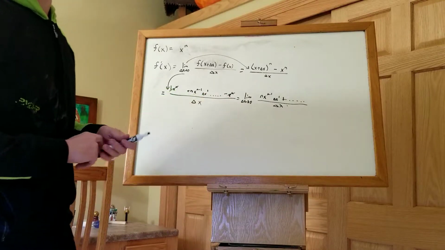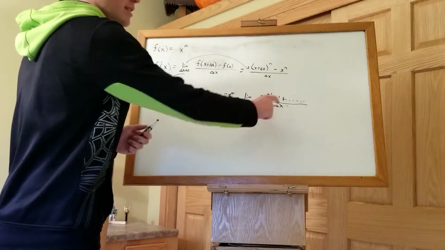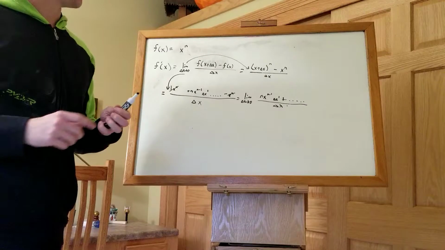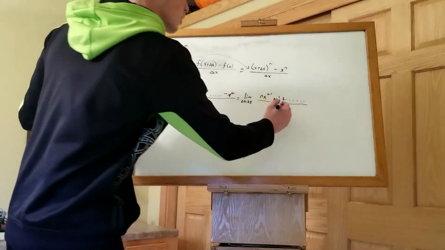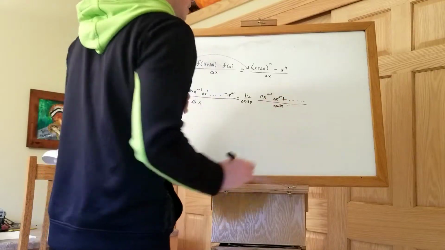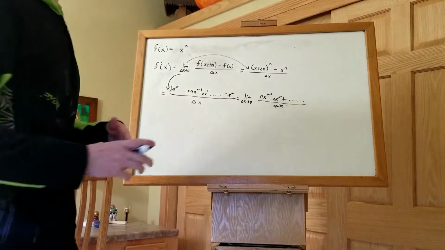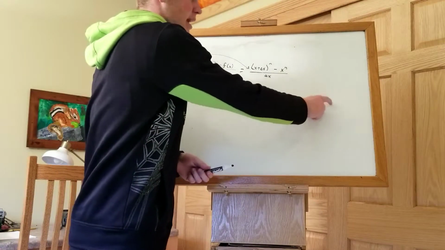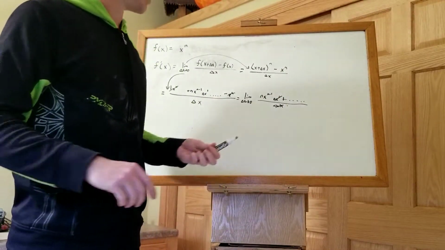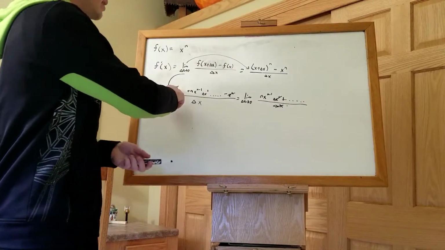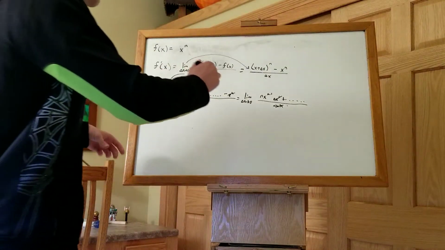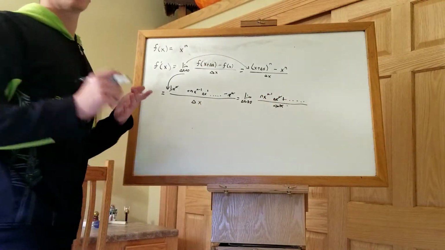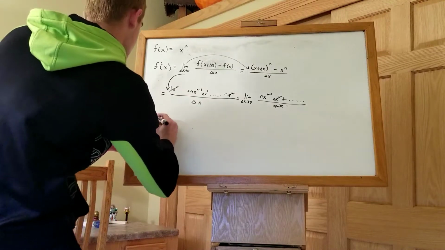But the really important thing to understand is that the power of delta x is going to be squared. And that's really going to be important in a second here. So we can cancel that stuff out. And obviously there's going to be a delta x in every single term along the way, because the only term that there weren't any delta x's was canceled out here. So with that canceled out, we got the 0 out of the denominator, which is nice.